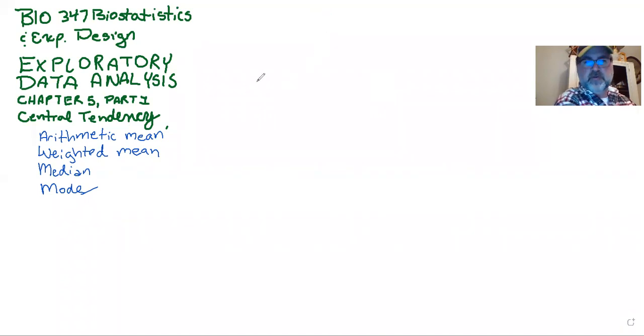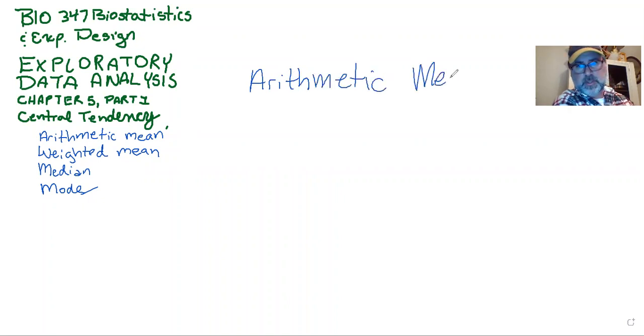All right, so the first thing let's go over, you should already know this, the arithmetic mean. If we're talking about a hypothetical distribution, then the symbol we use is mu, and we can say that equals x bar.